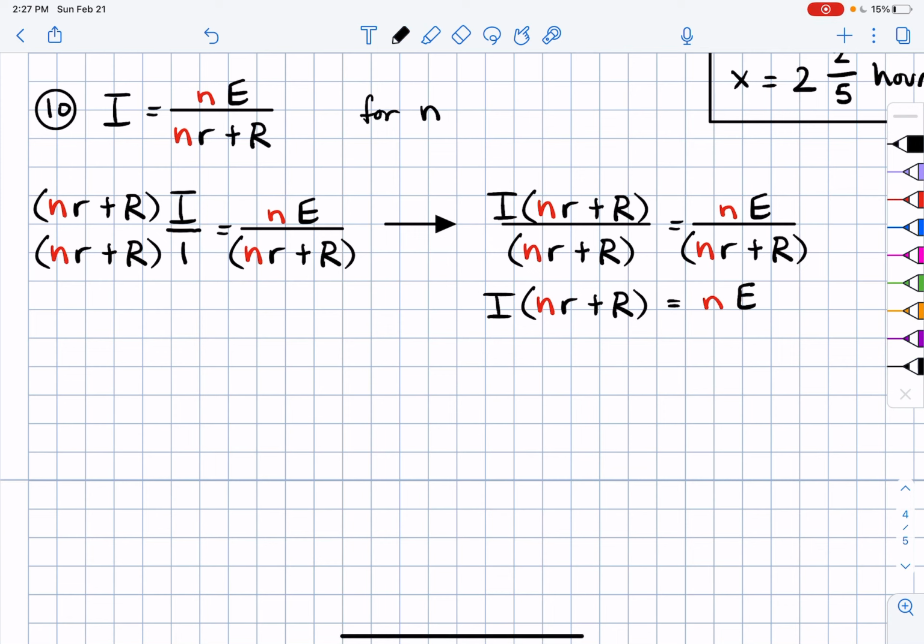Okay, so I've got to try to get n by itself. In other words, I want to get n isolated. How can I do that? Well, let's distribute the I through.